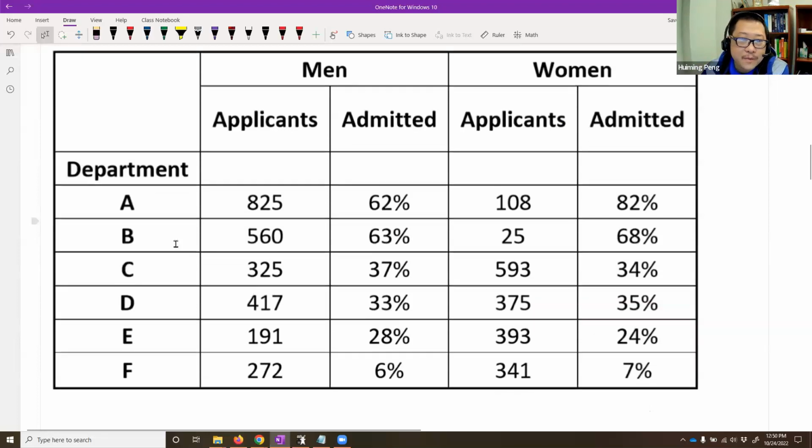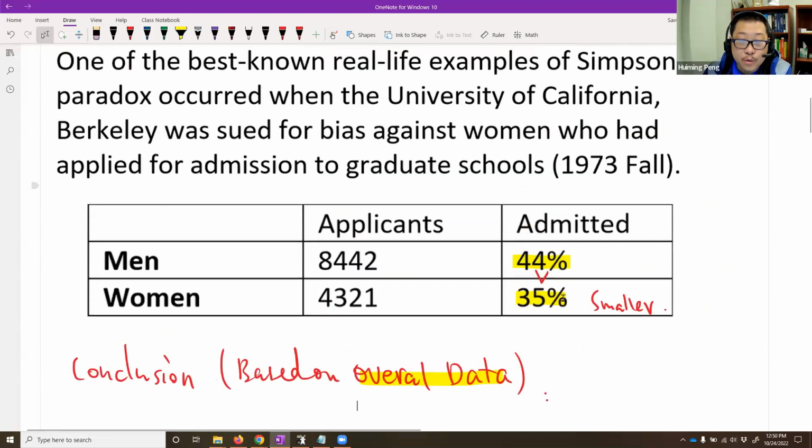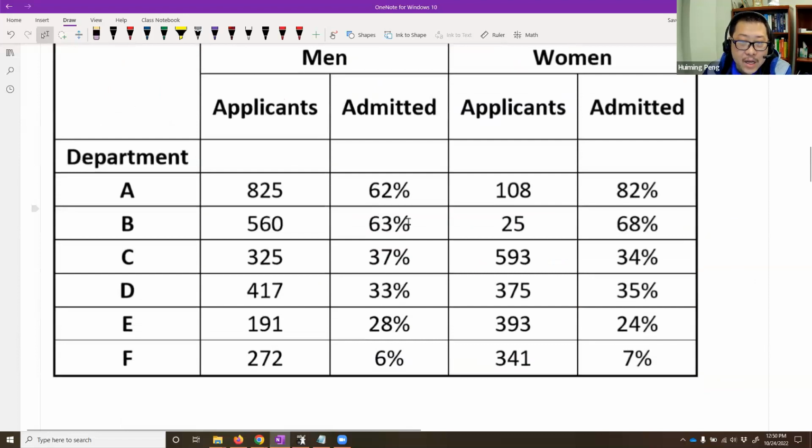Can you look at them? So the first department, how many percentage? This is the number of the students applied. This is the number of the female students applying. And then we look at the percentage, because in the first data we looked at the overall percentage, and now we look at the individual percentage of the admission.